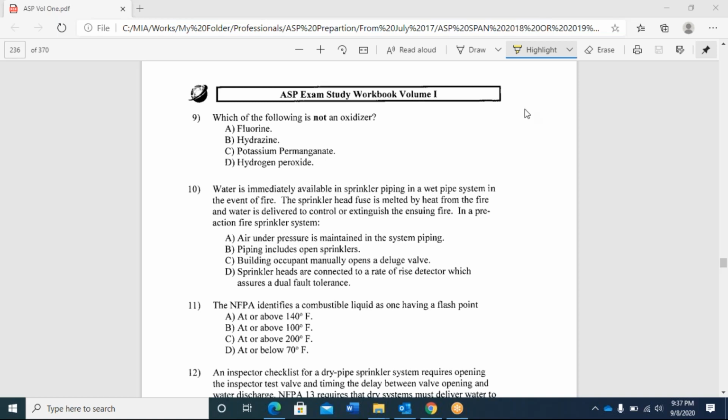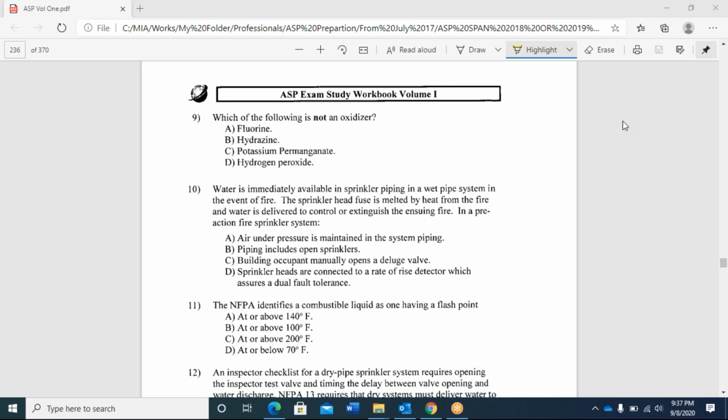Question number 10. There are some types of piping sprinkler systems: wet system, dry system, projection system, and another is dilute system. In a wet pipe system, there is always water inside the piping system.